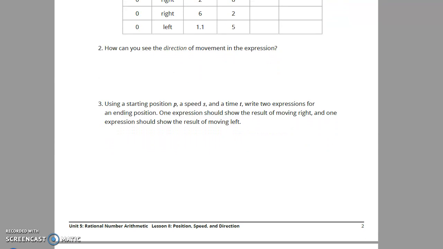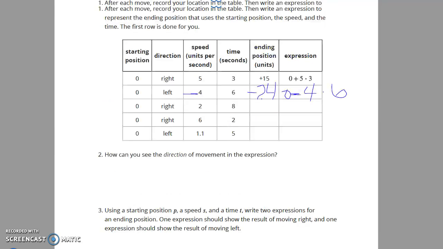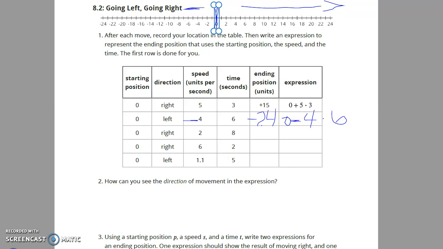Using a start position of P, a speed S, and time T, write 2 expressions for an ending position. One expression should show the result of moving right, and one expression should show the result of moving left. So just like we did up here, 0 plus 5 times 3, 0 minus 4 times 6, where the position is 0, the speed would be 4, and the time is 6.